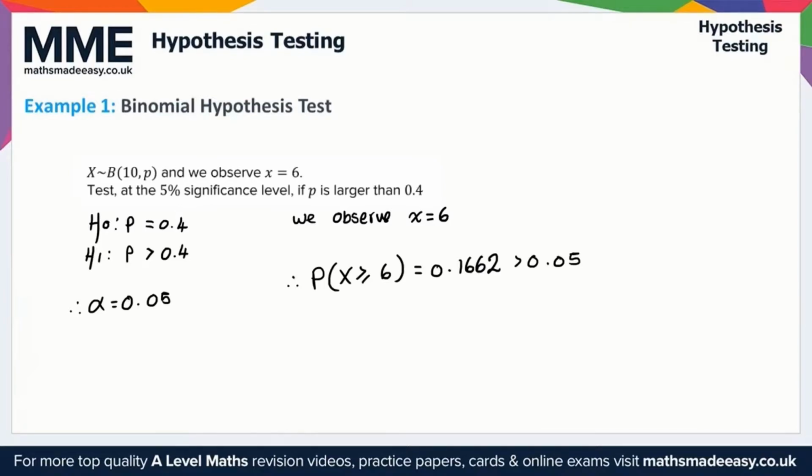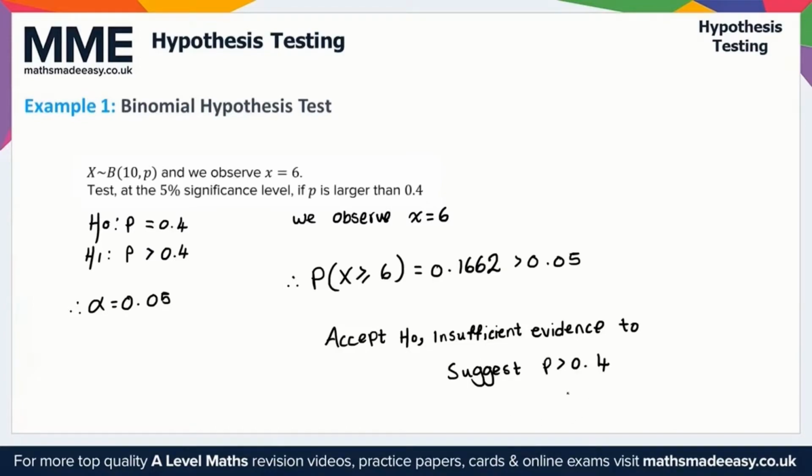So therefore, we do not reject H0, we accept H0, and we say there is insufficient evidence to suggest that p is larger than 0.4. Okay, so that gives us the solution to example 1 there on hypothesis testing.